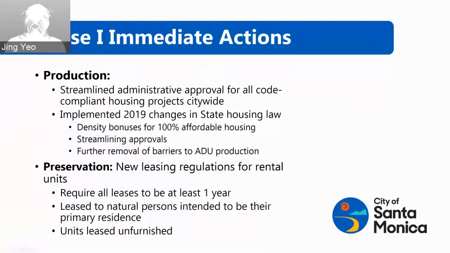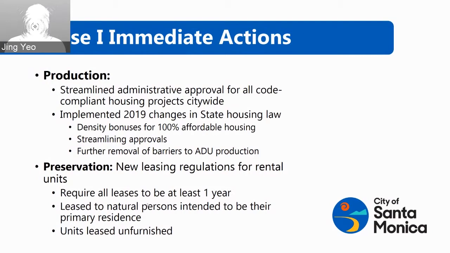So this is just a review of some immediate actions that have taken place over the past year in line with mandates from the state in terms of production that I'll review in a moment. In terms of production, there's been a strong focus at the state legislative level since 2017, when the housing crisis was declared by the governor, to streamline administrative approval for all code compliant housing projects.